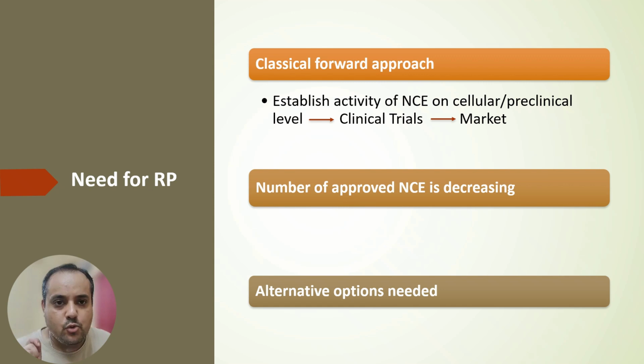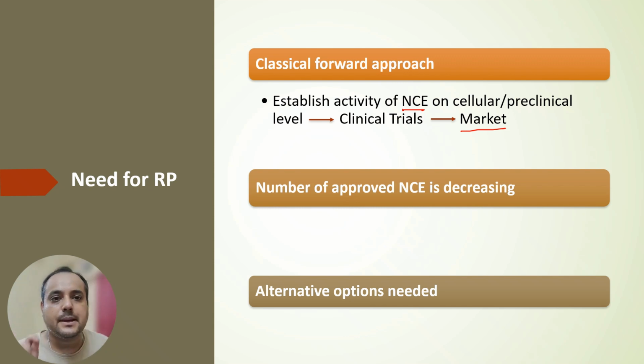When we go through this approach, first we have to establish the activity of the NCE, or new chemical entity, on the cellular and preclinical level. After we have established the activity and the safety at the preclinical level, we move on to the clinical level. After we have established the same at the clinical level, the drug comes into the market. This is the classical approach.